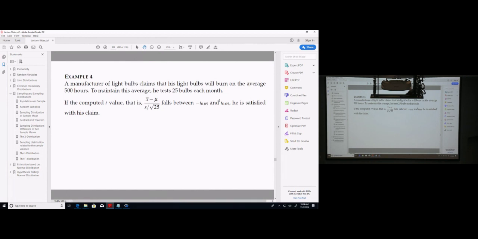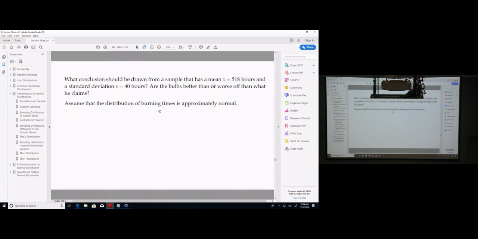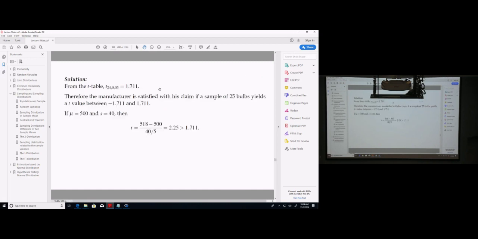So what it means is inside would be 90%. What conclusion should be drawn from a sample that has mean this and standard deviation of this? Now we plug everything in, and it turns out to be 2.2. Maybe I draw a little diagram based on this.